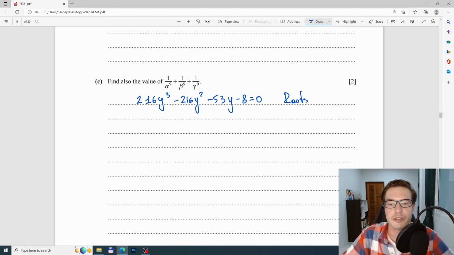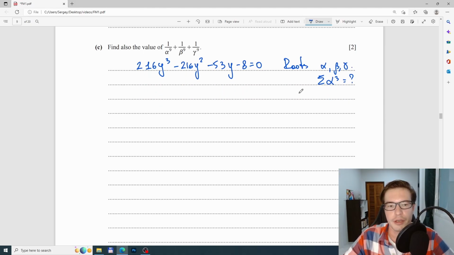And I will say that this equation has roots alpha, beta, and gamma, and I'm looking for the sum of alpha cubed. Okay, now consider this. The equation has roots alpha, beta, and gamma, so that means I can substitute alpha, beta, and gamma into that equation.